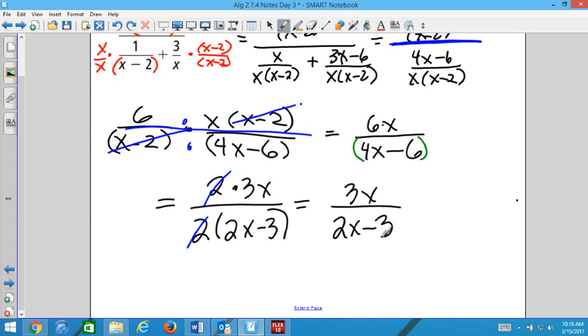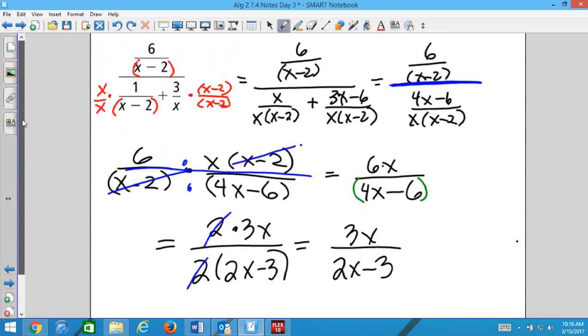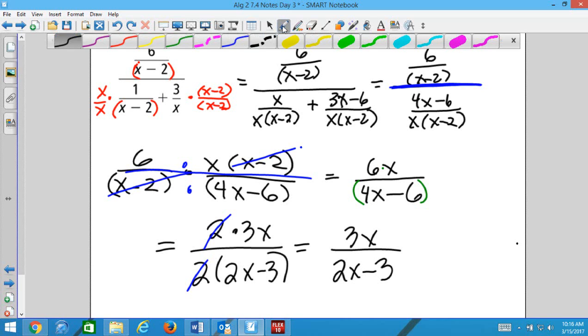So what do we do now? Look for the exclusions. Let's go back up to the original. What exclusions were in the original?